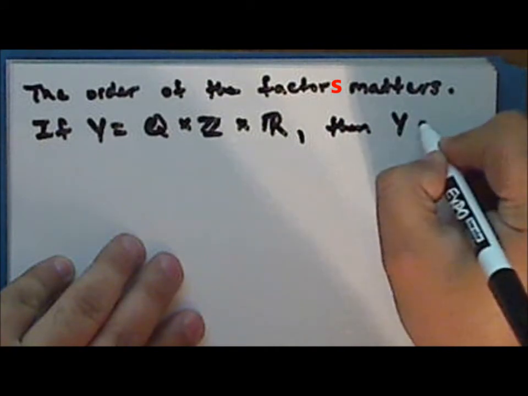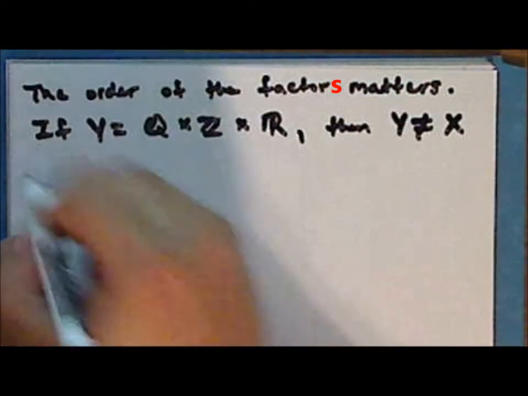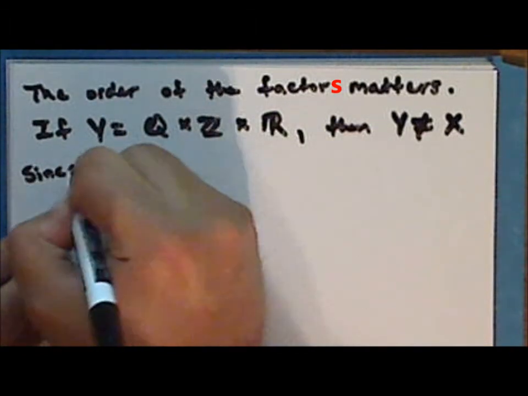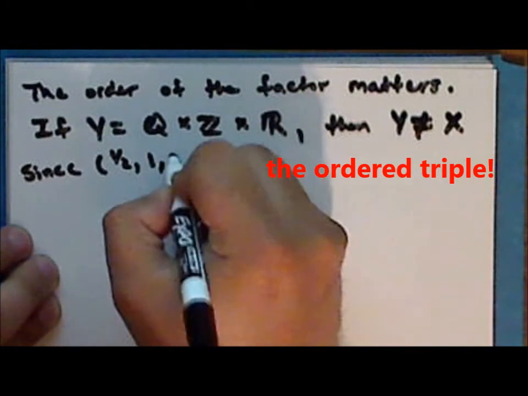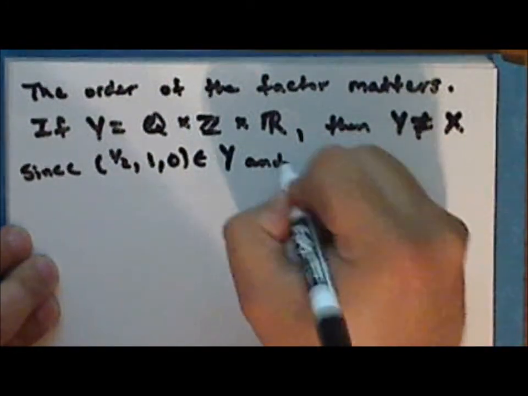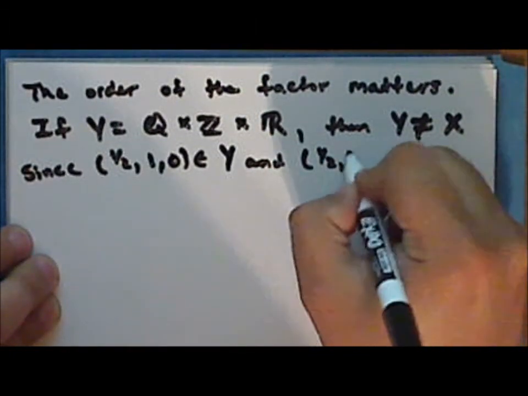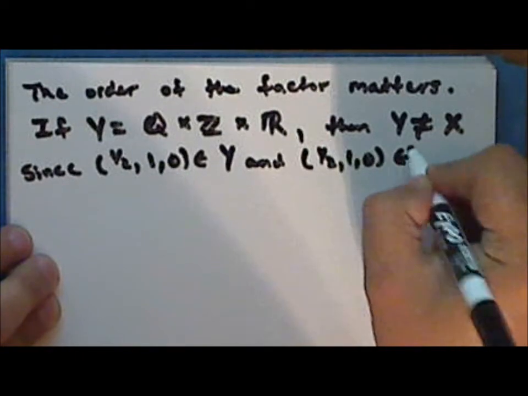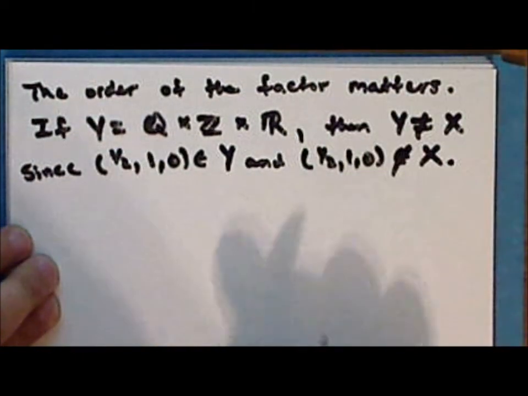Then the Cartesian product Y is not equal to the Cartesian product X, since the ordered triple 1/2, 1, 0 is an element in the Cartesian product Y, and this ordered triple is not an ordered triple in the Cartesian product X.